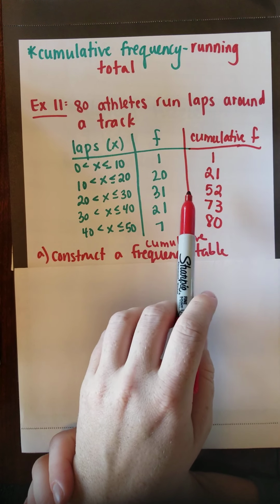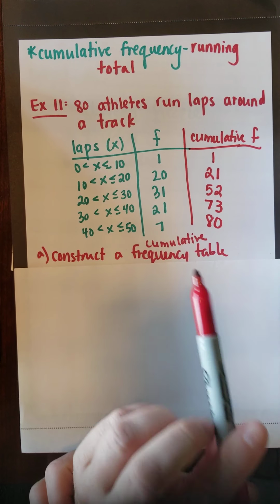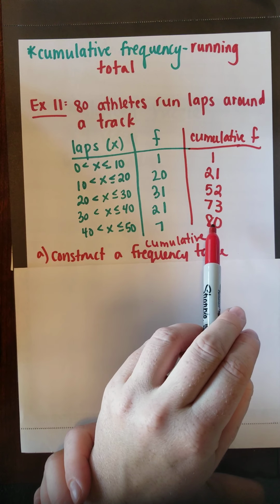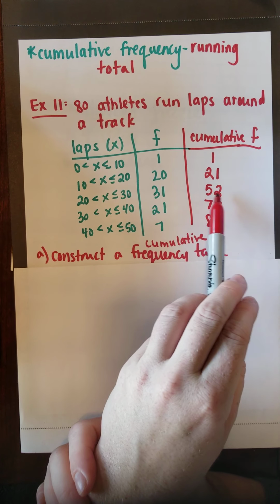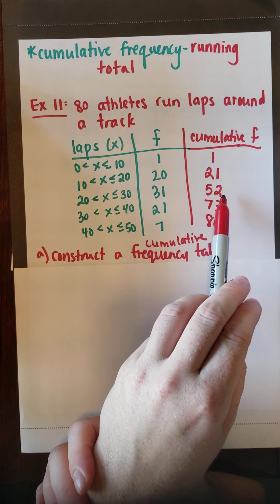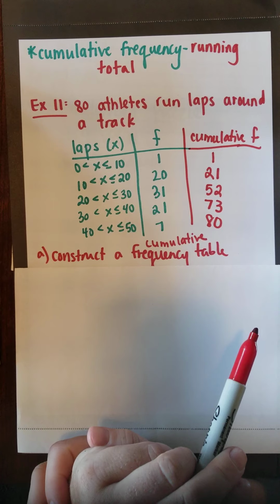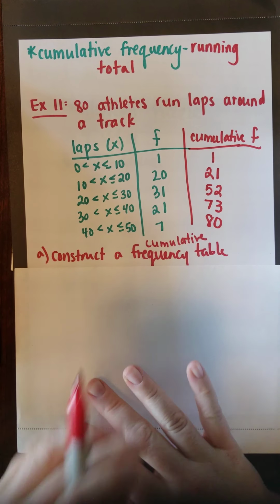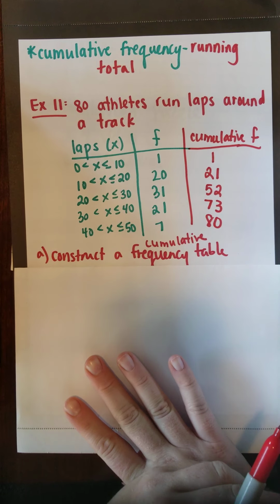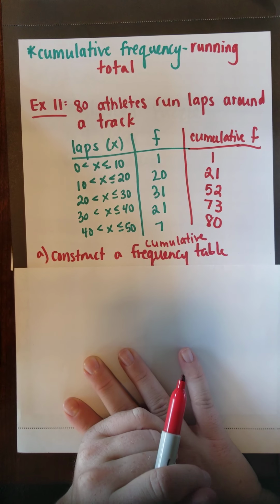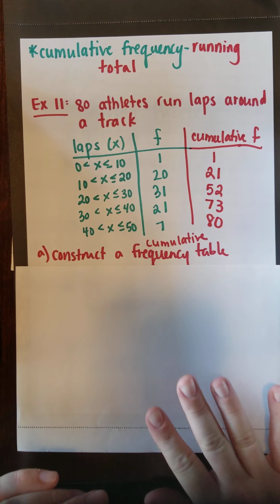And then you can determine where the majority of your data lies just by looking at these numbers. So I can tell that over half of my runners were below 30 laps. Okay, so that's how you construct a cumulative frequency table. Copy down the frequency and then add yourself another column and add up the running totals of your rows.